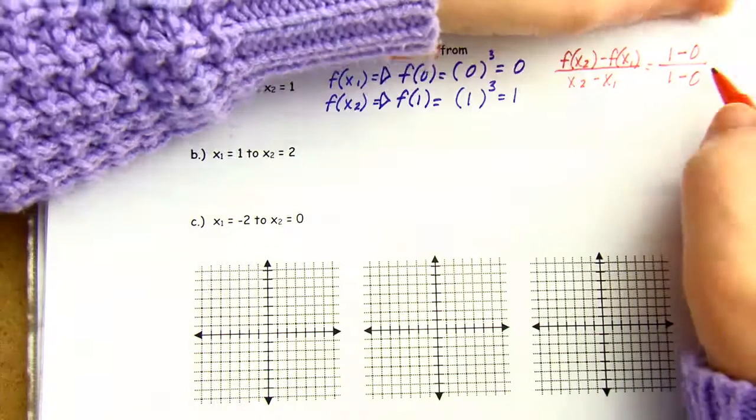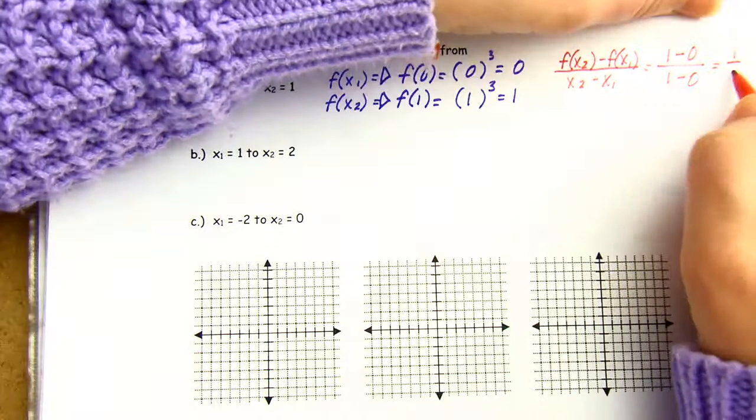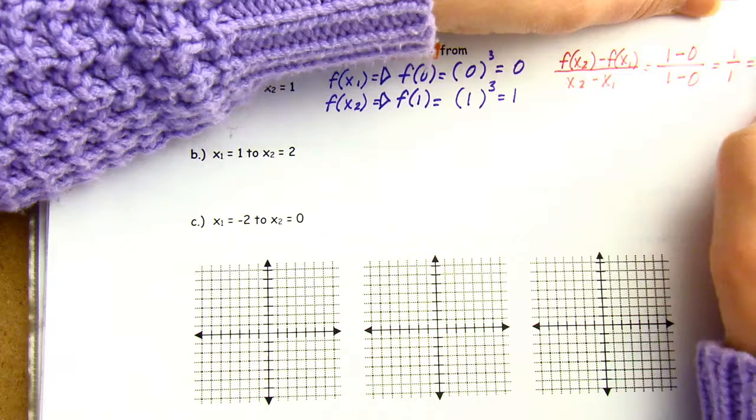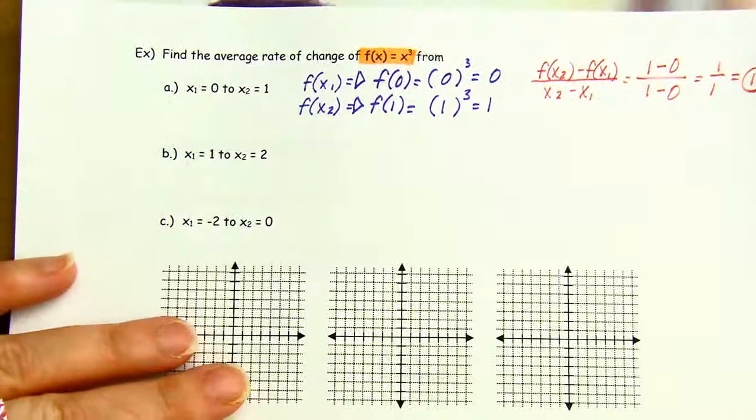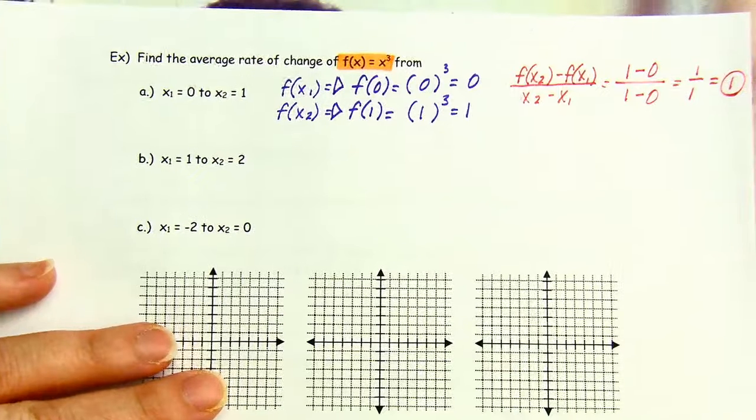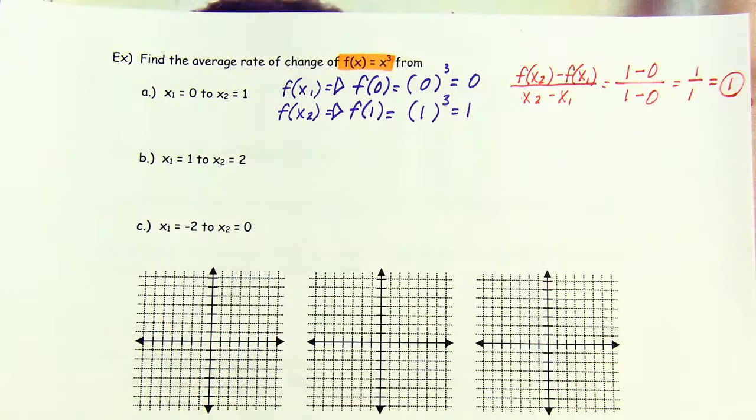This is 1 minus 0, which is 1. Same thing in the bottom. And so I see that the average rate of change on the x cubed function from 0 to 1 is 1. So the secant line has a slope of 1.